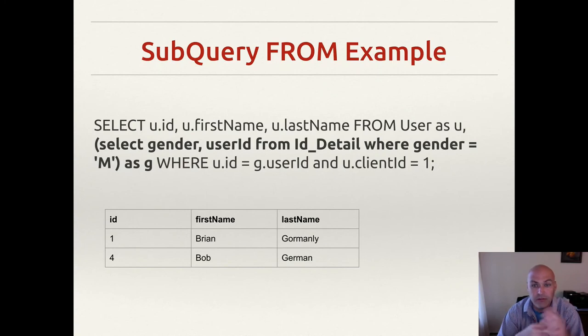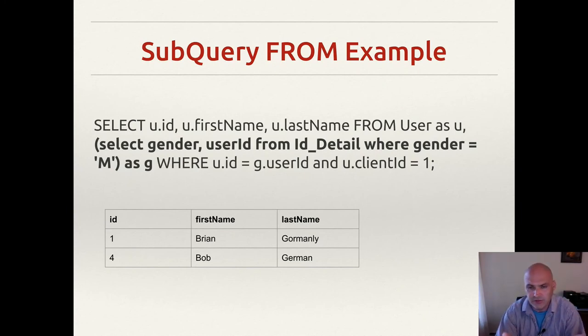So now the outer query has that in user, and from those things, it's still going to join user ID on g.userid, which is what that subselect returned. And then we're also still going to do u.clientID1, which I don't think we needed to because it's superfluous, because the only one in client ID 2 was Jane, and she's not here anyway because she's not male.